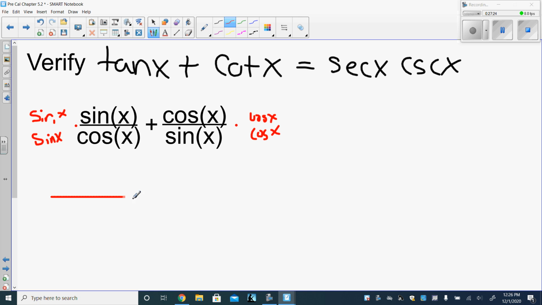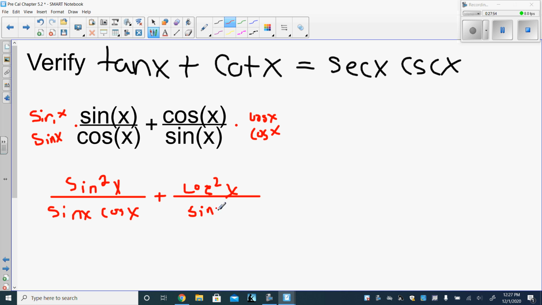If I do this on top of the first one, I'm going to get sine squared of x. On bottom, we'll have sine of x, cosine of x, plus. On top of the second, cosine of x times cosine of x would be cosine squared of x, and on bottom, we would have sine of x, cosine of x.